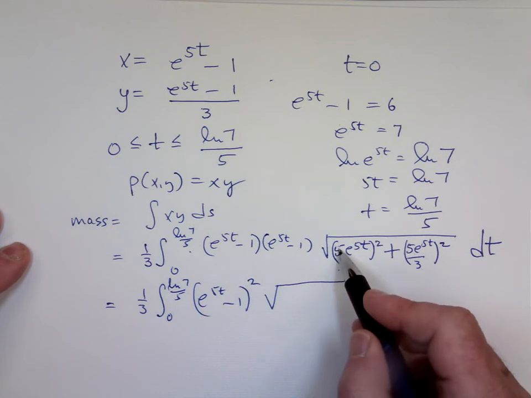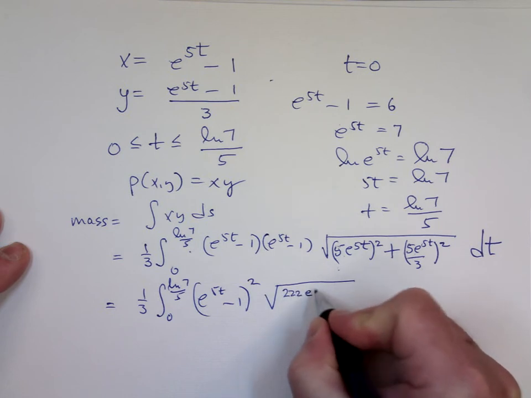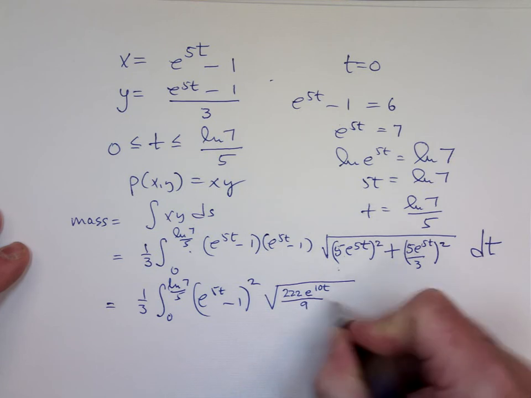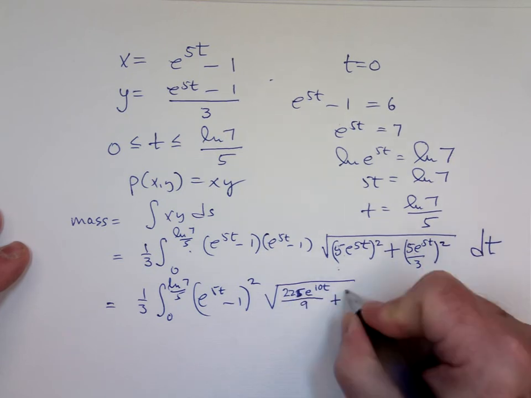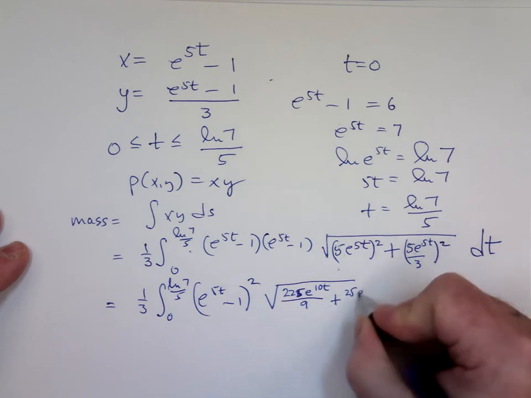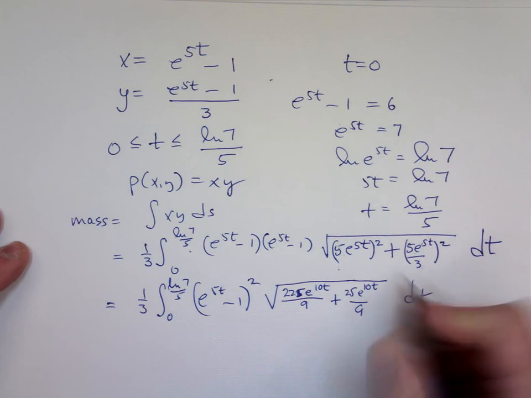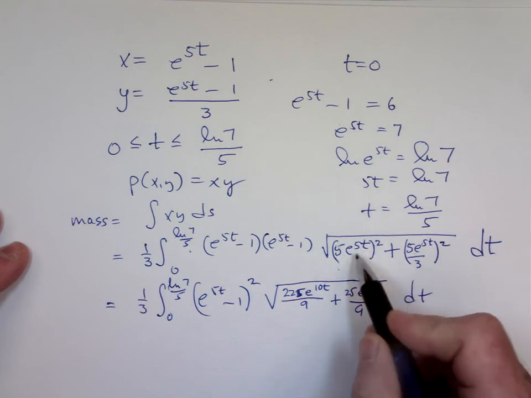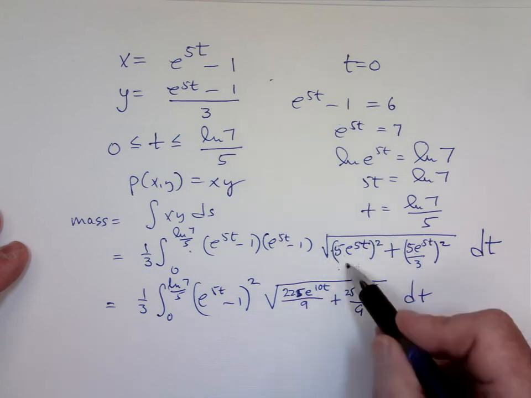I'm going to have a 225 e to the 10t over 9, plus a 25 e to the 10t over 9 dt. What I did, I multiplied by 9 over 9 here. Okay, 5 squared is 25, times 9 is 225. I put it over 9 because I want to be able to combine those two into 1.